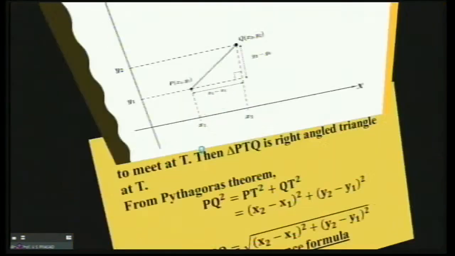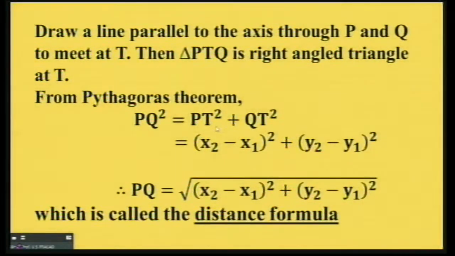Now, PT square involves the difference between the abscissas, because those two points lie on a line parallel to the x-axis. Therefore, we denote the distance as x2 minus x1, and PT square becomes (x2 minus x1) whole square. QT is the corresponding segment parallel to the y-axis, the difference between their ordinates, so it becomes (y2 minus y1) whole square.